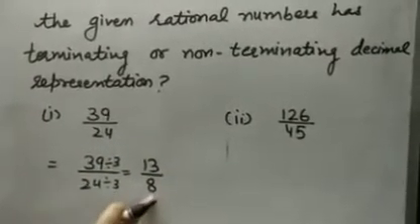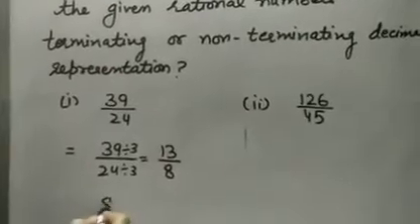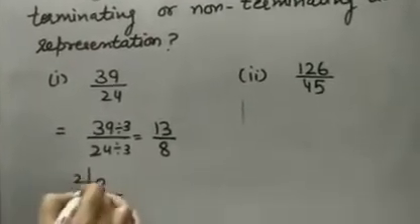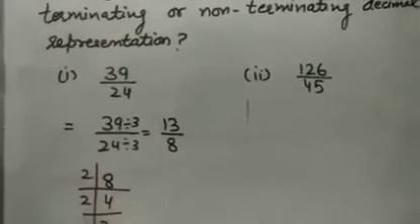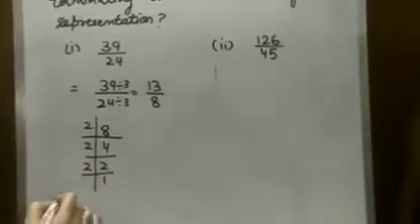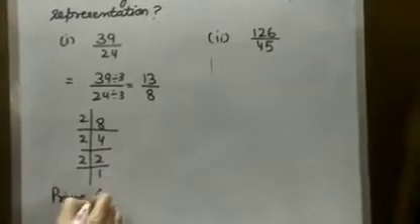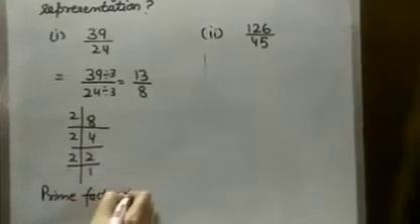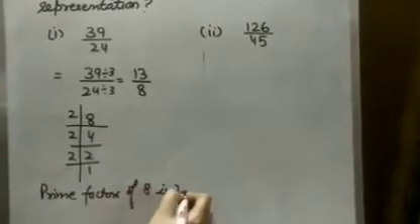Now look at the denominator 8. Take out the prime factorization of the denominator. The prime factor of 8 is 2 only.